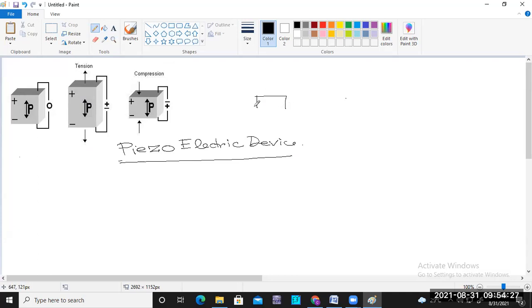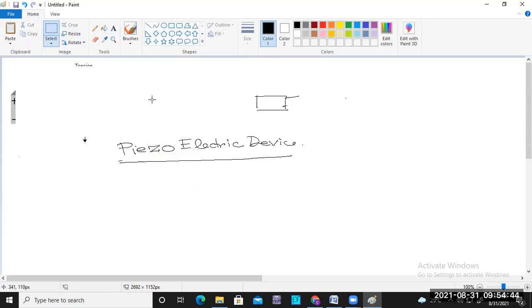If it is a crystal, you can see this is a crystal.